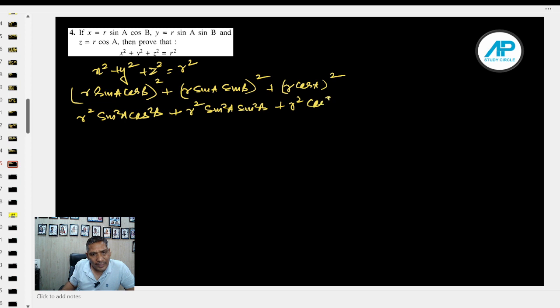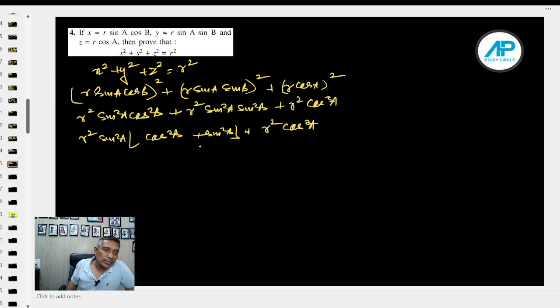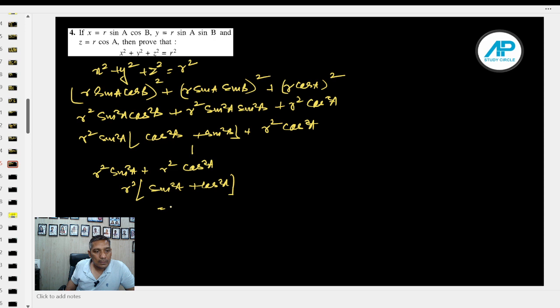I'm just not doing anything special here. Just taking out the squares, and now I can see that r squared sine squared A is common. Take out r squared cos squared A here. This is giving me 1, r squared sine squared A plus r squared cos squared A. The answer is r squared.